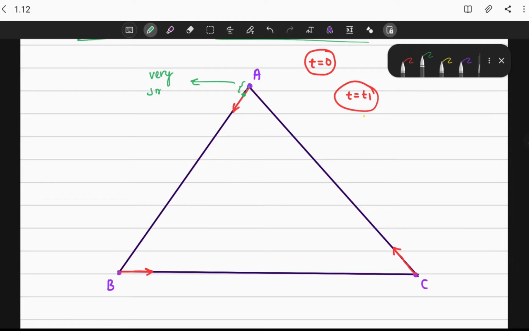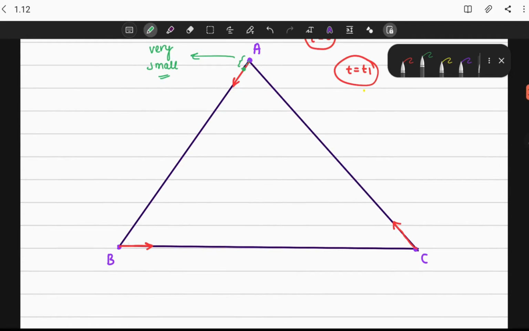Point B will also move in its direction by some distance, and point C will also move by some distance. All these three distances will be the same because the velocity is the same for all the points.